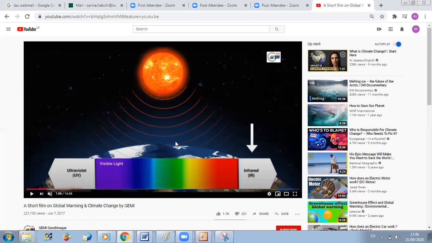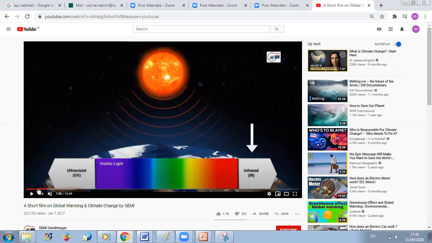And it's very important to know the spectrum, because the high energy waves are ultraviolet waves, while the lower energy waves are infrared waves. And when the waves first reach the Earth, they have a very high energy. The majority of them are ultraviolet waves.